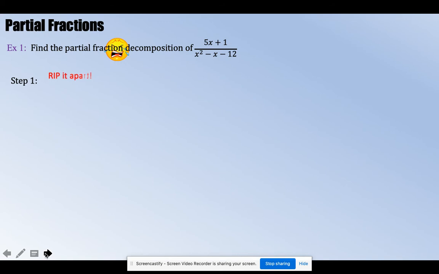Step 1, rip it apart. But to rip it apart, you've got to factor that denominator. Factor the denominator to see how many fractions you need to rip into.